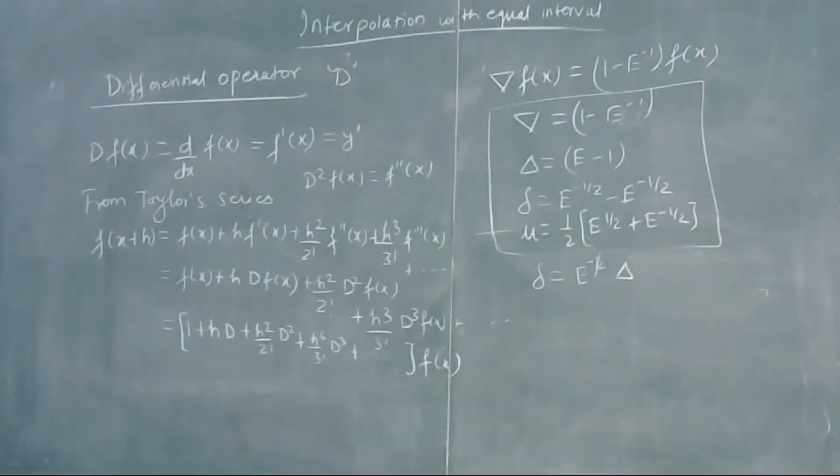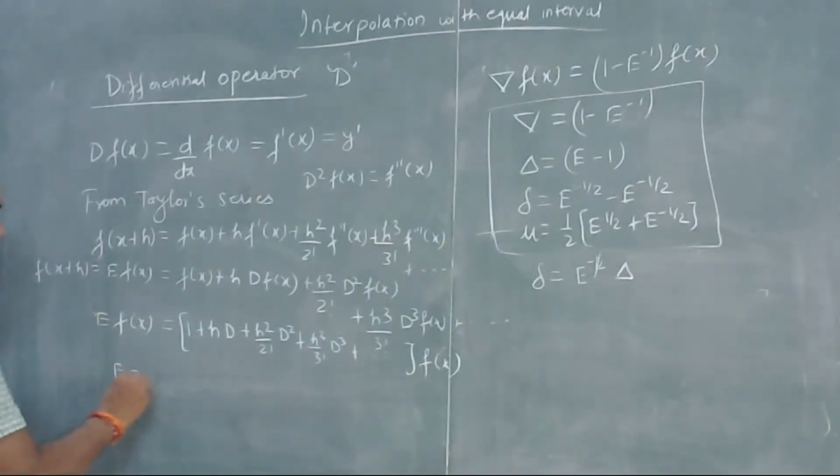And what is f(x + h)? If we operate the shift operator on f(x), we will get f(x + h). So this will be equal to E f(x). So f(x) will get cancelled out.